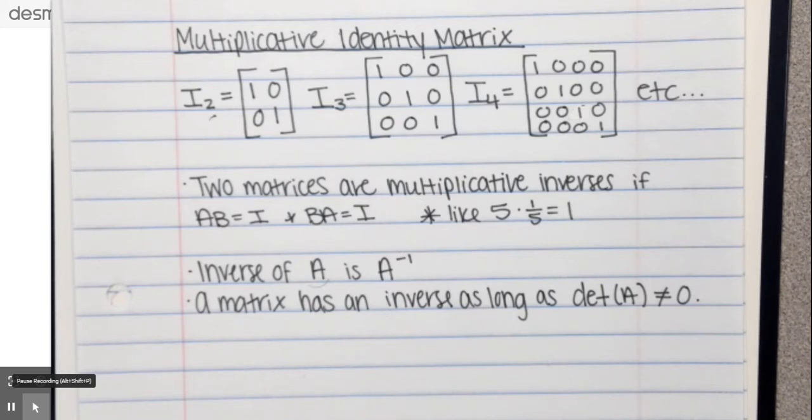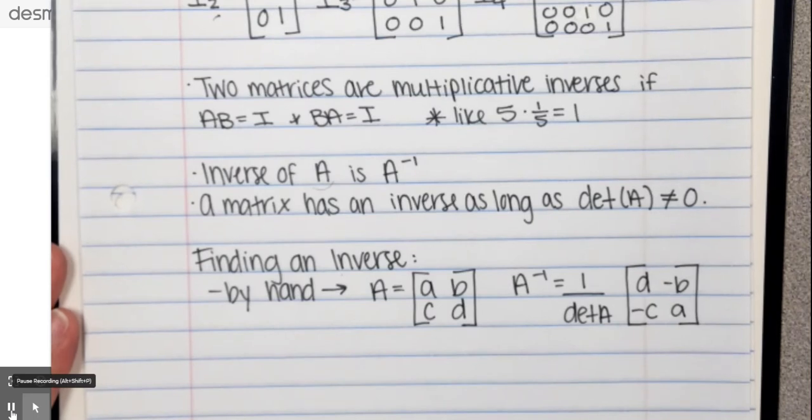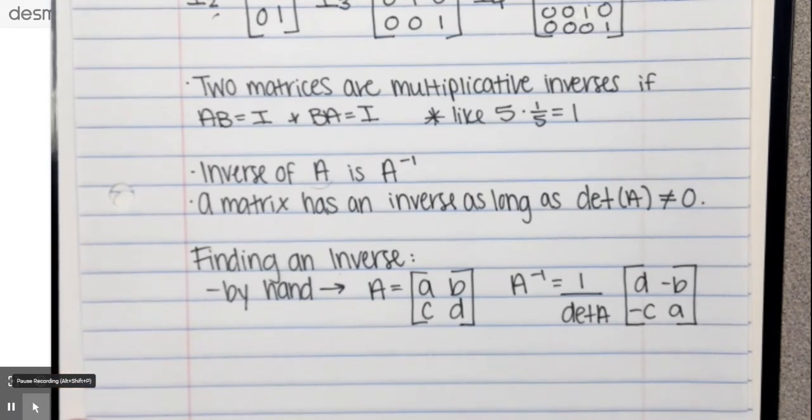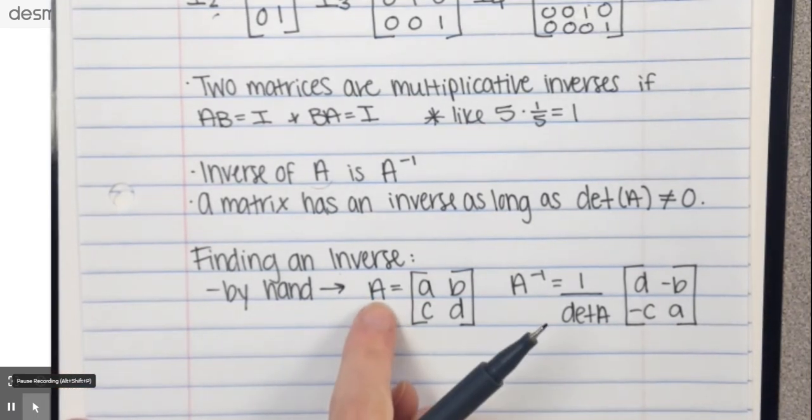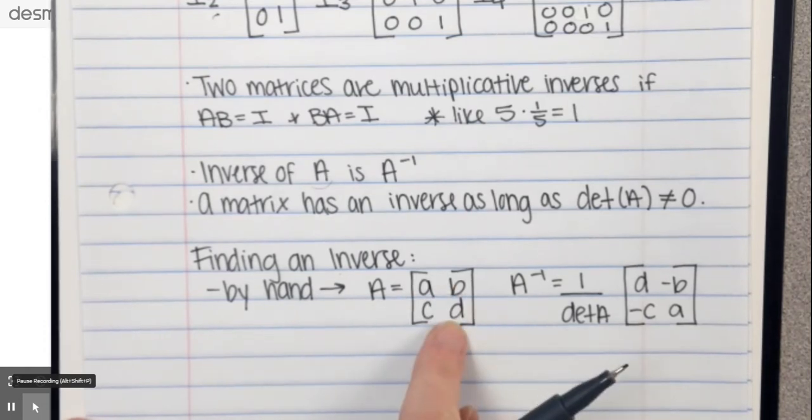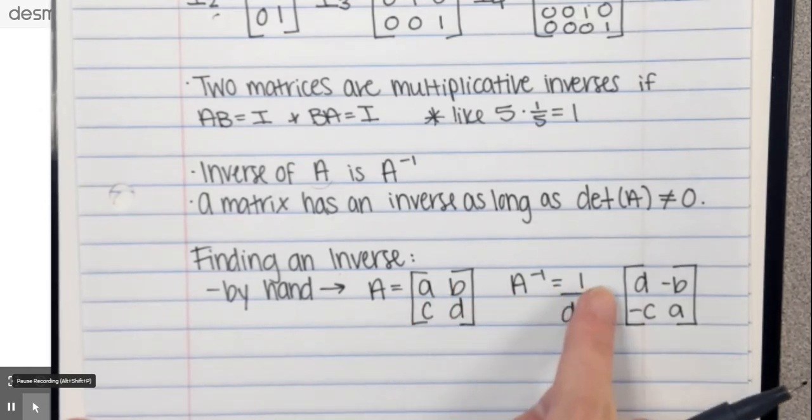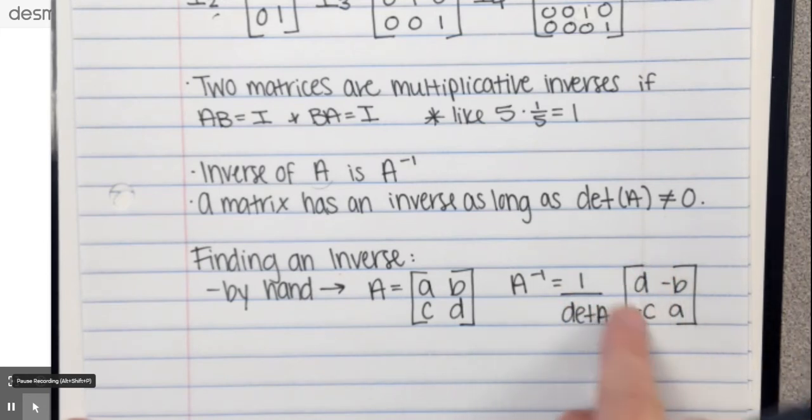And the reason that the determinant can't be 0 is because when we find an inverse by hand, you have to use that determinant, and I'll show you what I mean. Okay, so if we were going to find an inverse by hand, if this was your matrix A, B, C, D, you would find the inverse by doing 1 over the determinant times this new matrix.